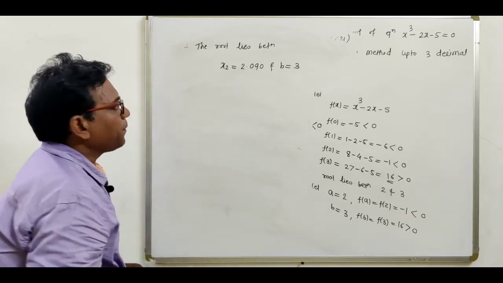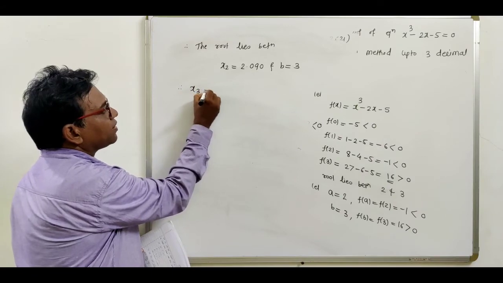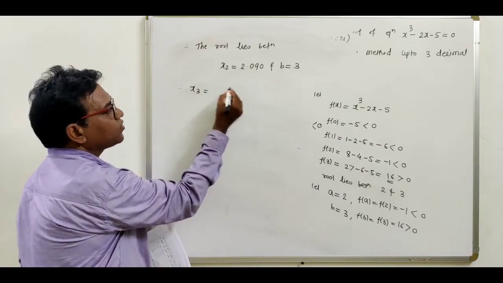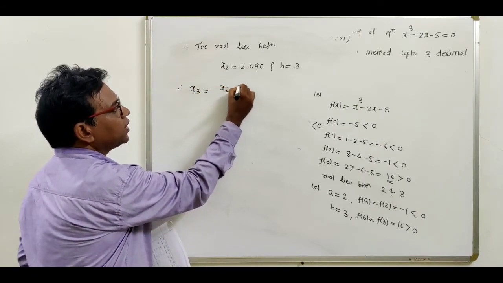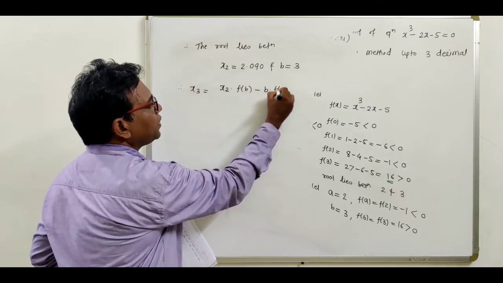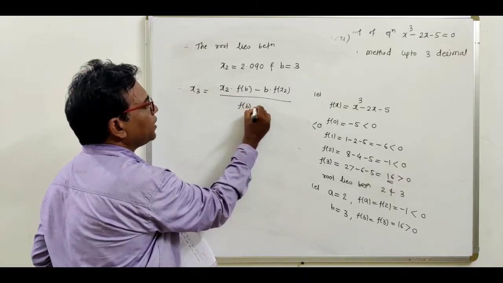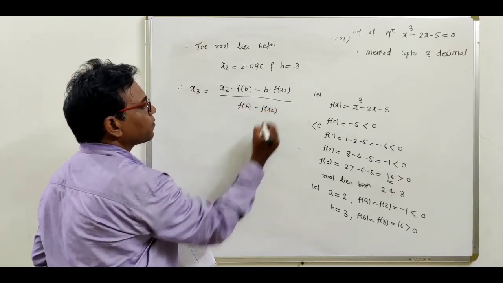So find out the next approximate root, which is x3. So x3 can be written in terms of x2 and b. So this is the formula: x2 into opposite functional value minus b into opposite functional value fx2, divided by fb minus fx2.